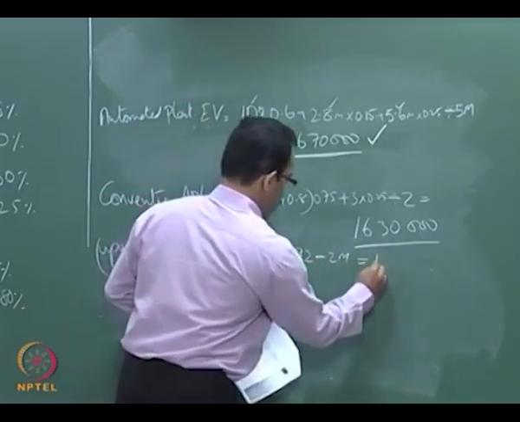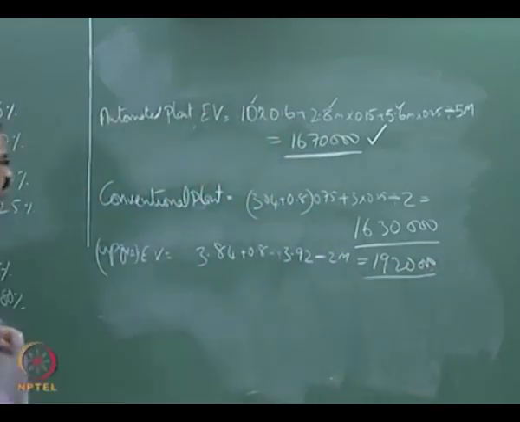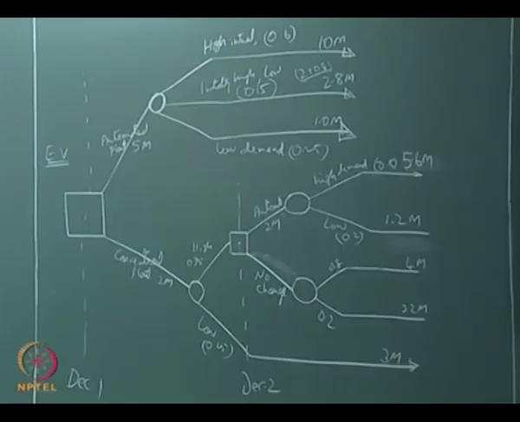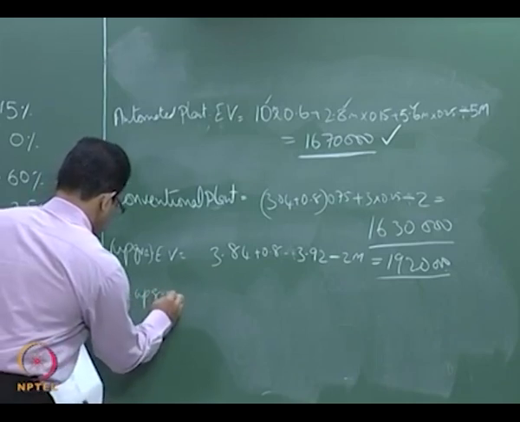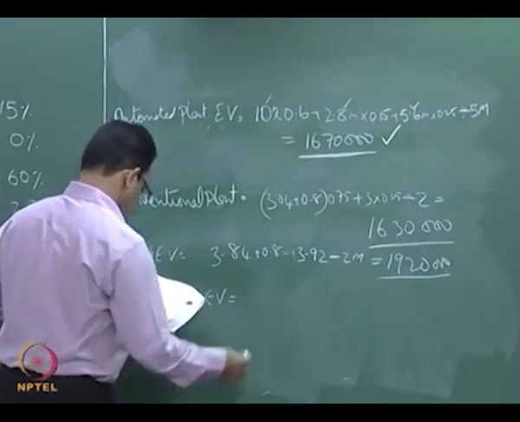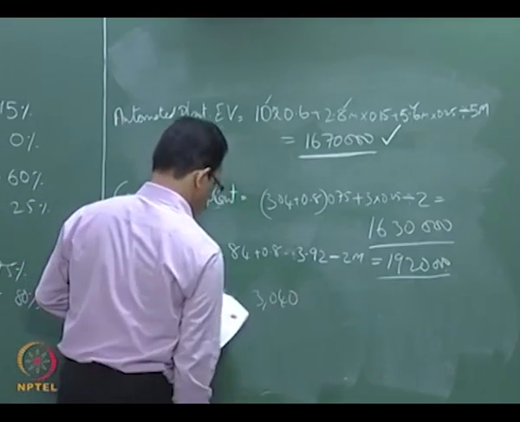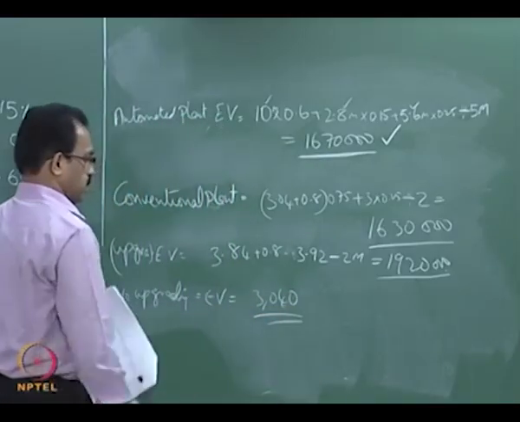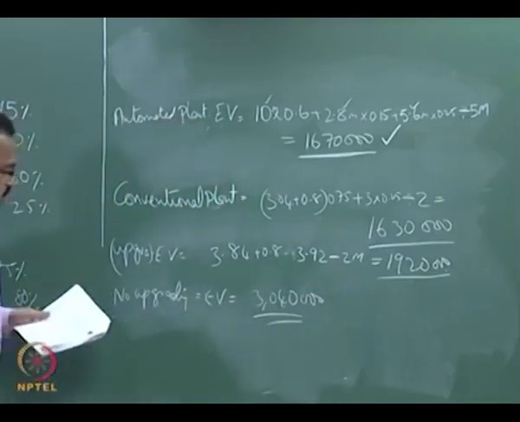So it will be 1920, that will be the expected value of the decision to upgrade after 2 years. And if it is not upgrading, then the expected value is 3040. Of course you will have it in millions, 3.04 million.